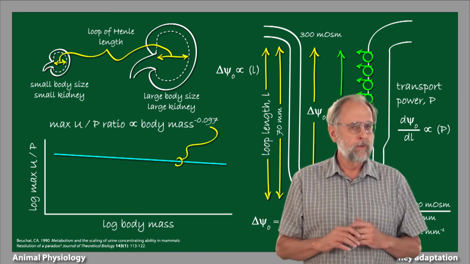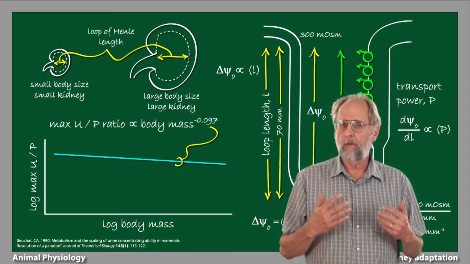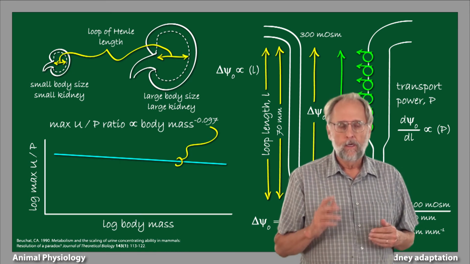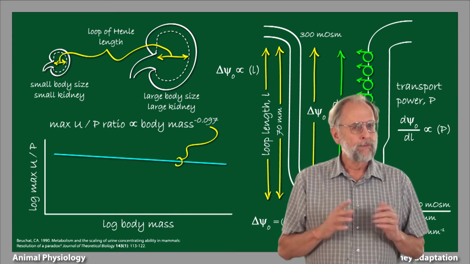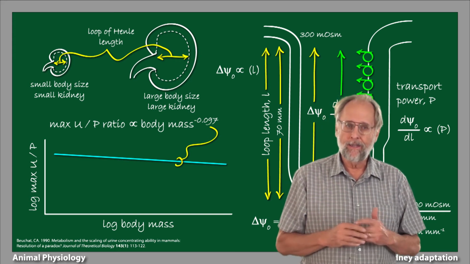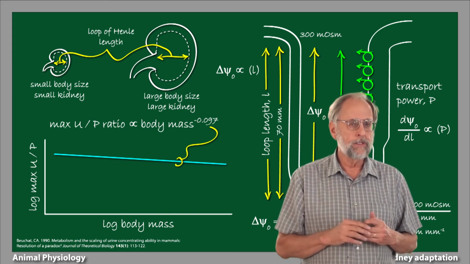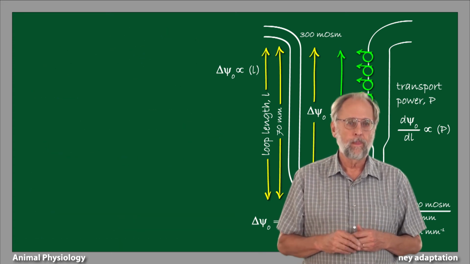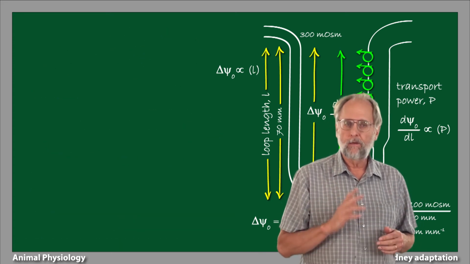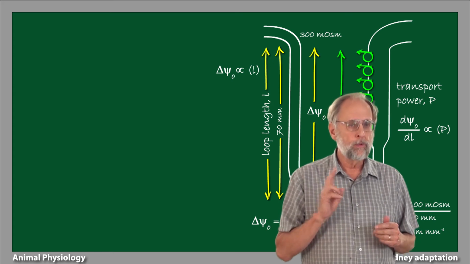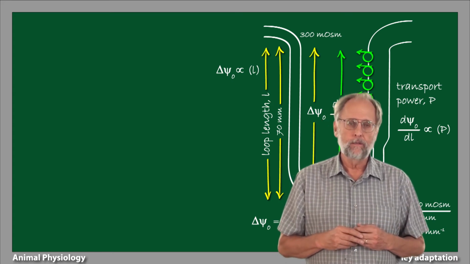What does all this mean for the concentrating ability of the mammalian kidney? For one thing, it allows us to make some sense of the anomalous decline of concentrating ability with increasing body mass. Let's look first at the effect of body size on the two parameters that we just outlined.